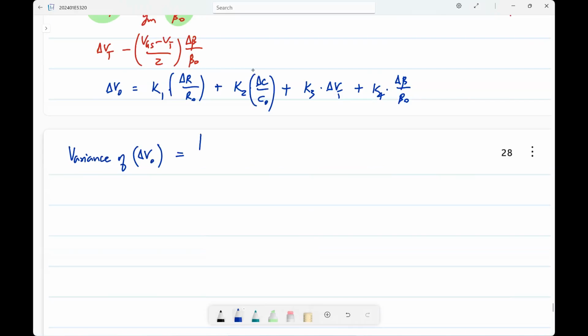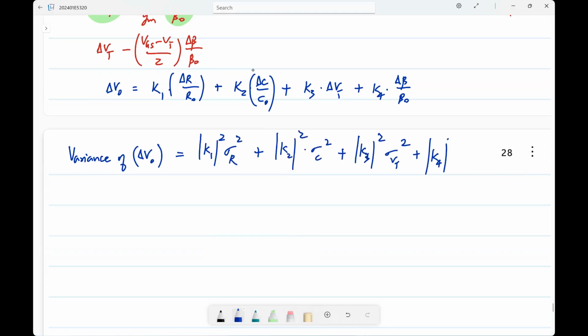Yeah. So I'll just show it like this. These could be, depending on the domain, some complex number. So it's the magnitude square of K1 times sigma R square plus magnitude square of K2 times sigma C square, and so on, plus magnitude square of K4 times sigma beta square.